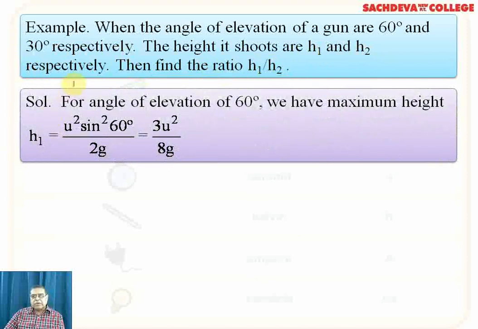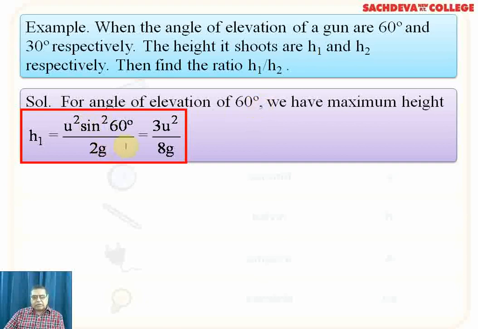We have basically to use the formula for a projectile for a particular elevation. The height is given by u square sine square theta divided by 2g. But according to our question, theta is 60 degrees. Therefore, height h1 for the elevation 60 degrees is u square sine square 60 over 2g.